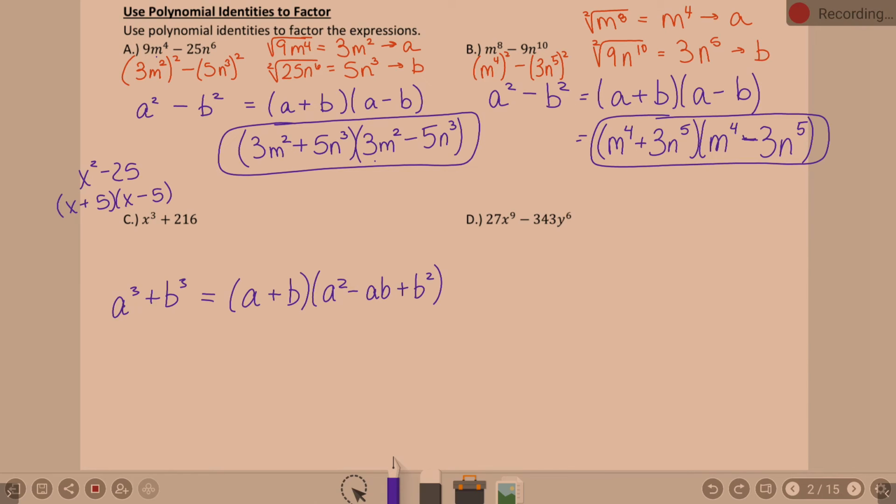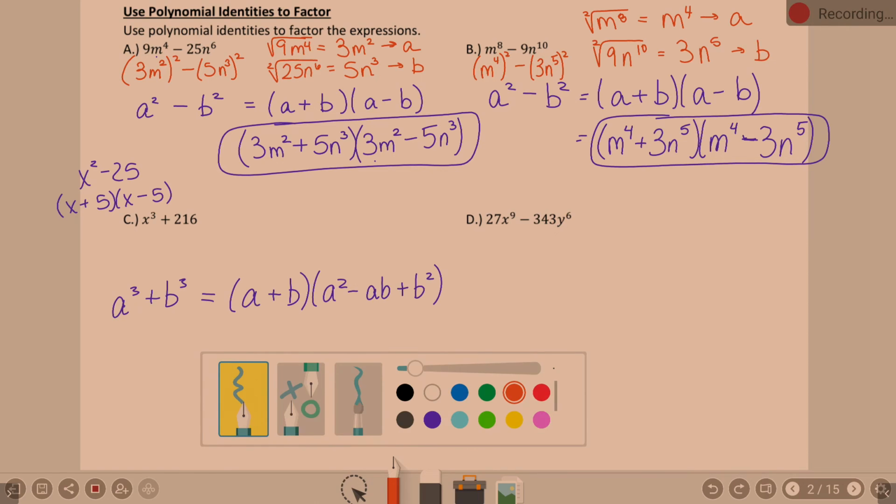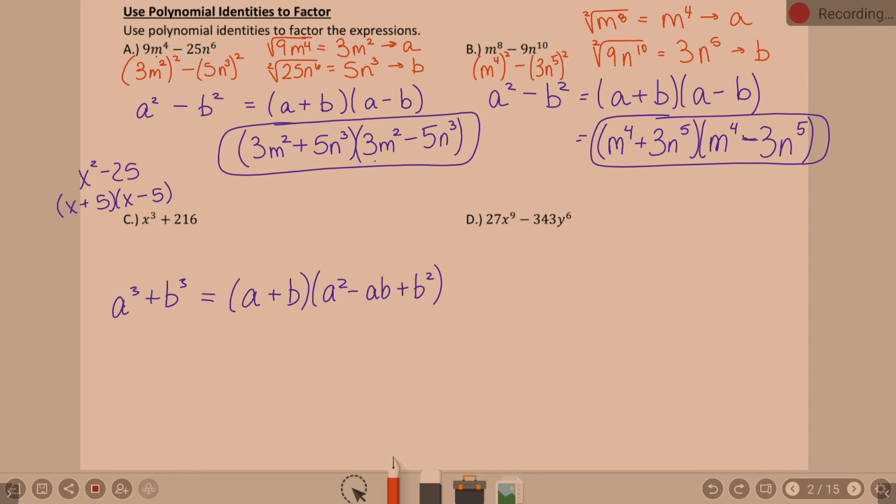What do you have to know to do this problem? a and b. That's all you have to know. Earlier, with difference of squares, a and b were the square roots. With sum and difference of cubes, a and b are going to be the cube roots. What is the cube root of x to the 3rd? x to the 1st.